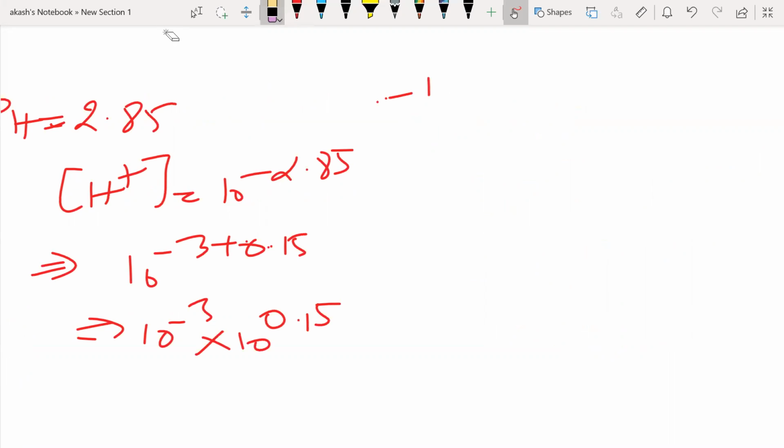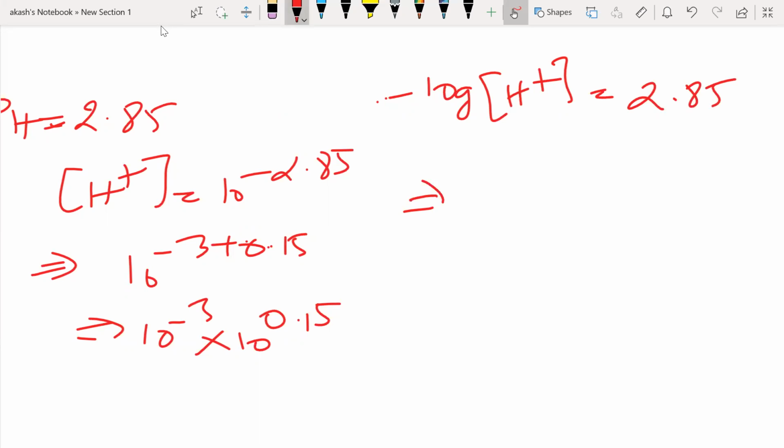Negative log H plus is 2.85. Anyways, it's the same. So anti-log means basically 10 to the power minus 0.15.